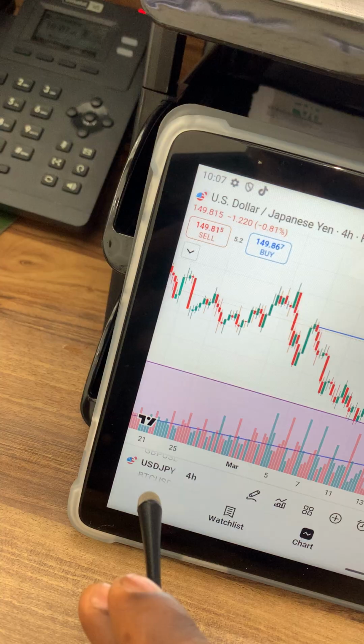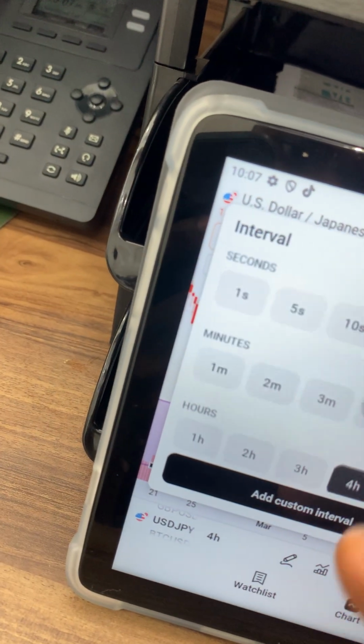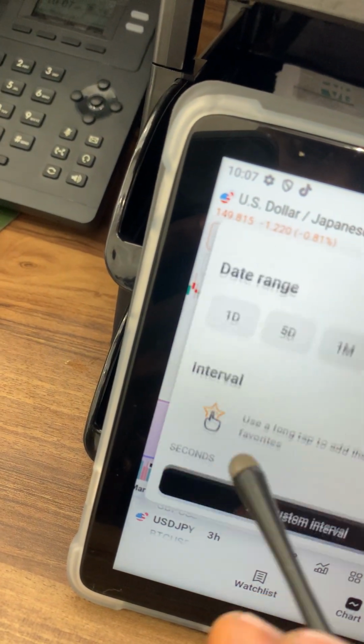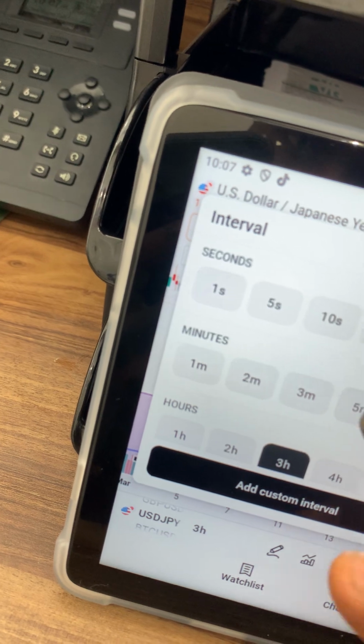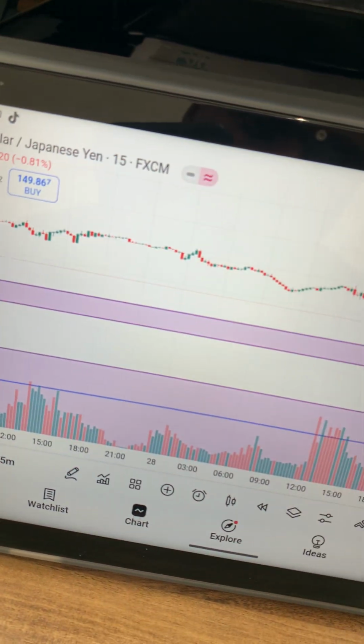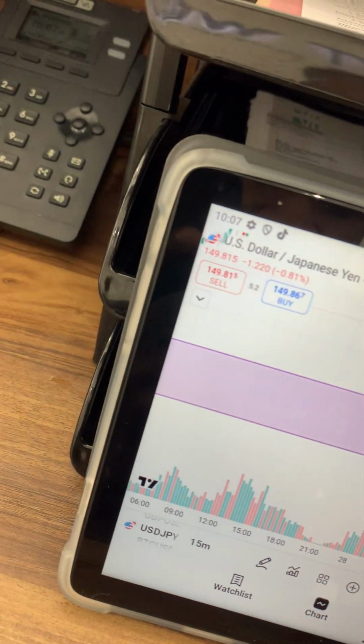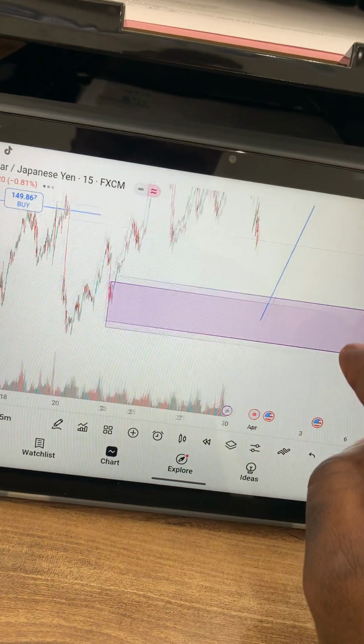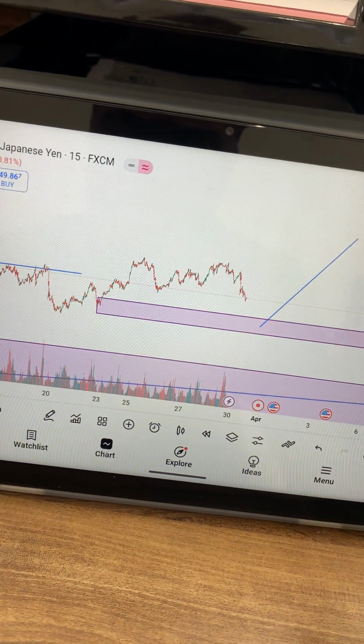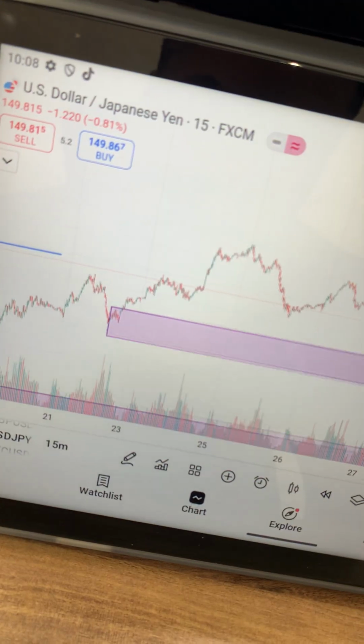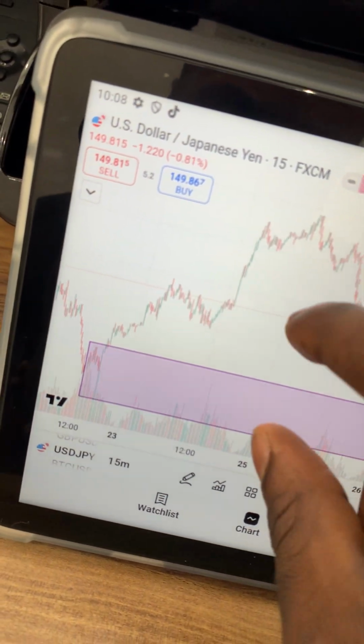If you come down to your 15 minutes for entries, let's go down to the 15 minutes for entries. Why are we looking at this as a demand zone?